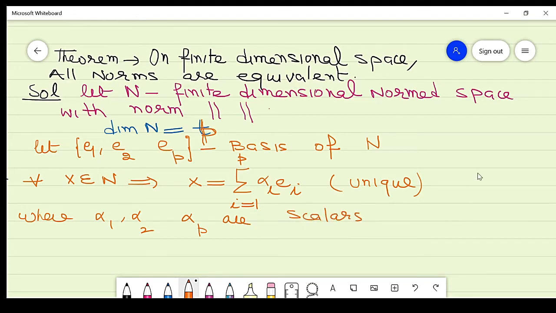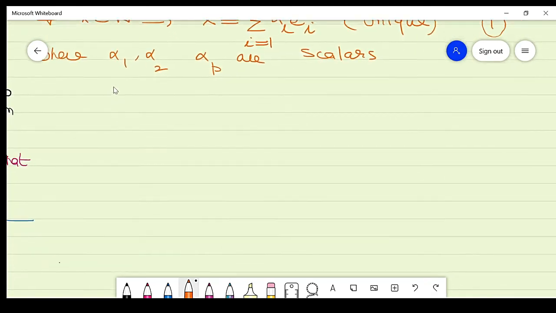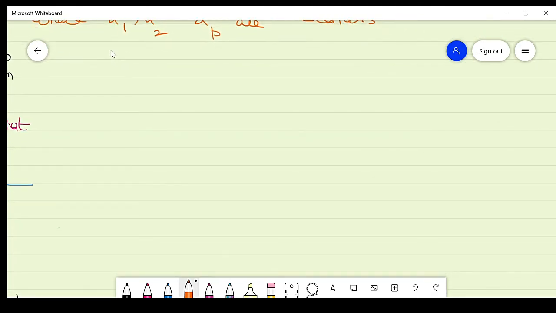Write it as equation number 1. Then the zeroth norm that we already defined, zeroth norm of x, is the maximum value of the absolute value of alpha i.